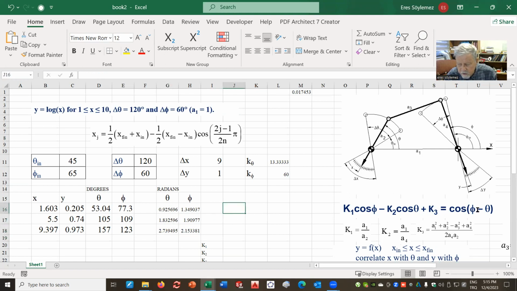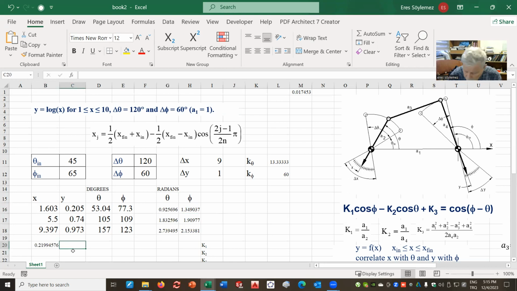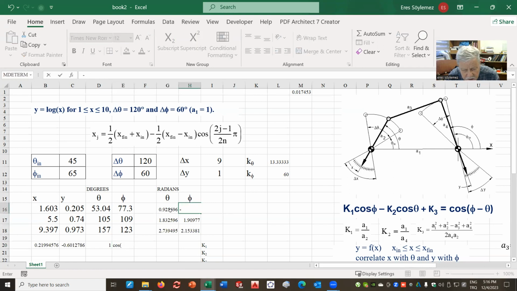Now, here I have the equation for the 4-bar. Let me write the coefficients like this. Cosine phi 1 is equal to cosine of phi 1 minus cosine of theta 1, 1, and then the column vector cosine of phi minus theta.